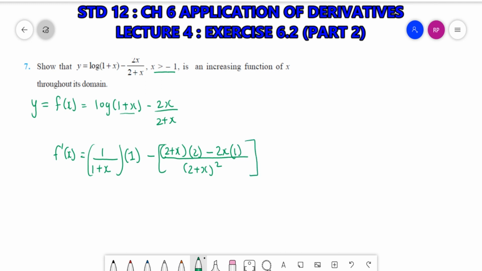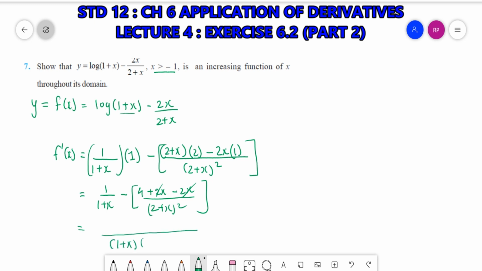So I will get 1 upon 1 plus x minus 2 into 2 plus x, that will be equal to 4 plus 2x minus 2x upon (2 plus x) whole square. So 2x will get cancelled. When I take LCM, I will get (1 plus x) into (2 plus x) whole square, 1 into 2 plus x, it will be (2 plus x) whole square minus 4.